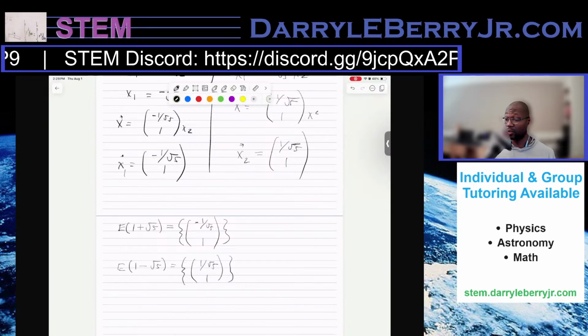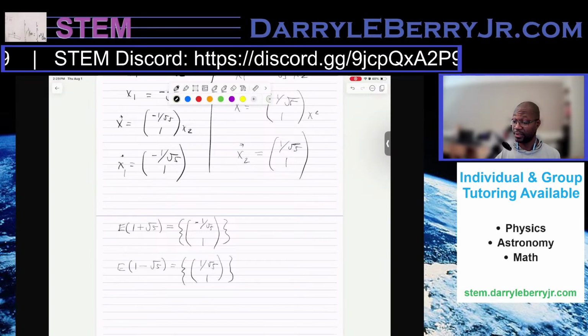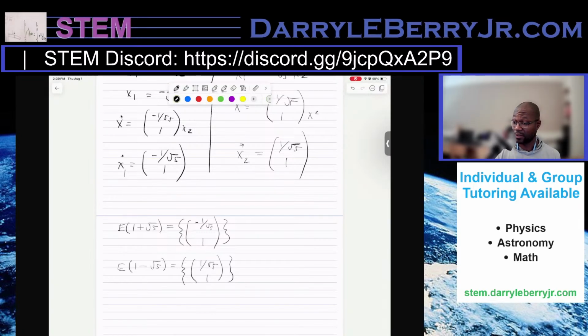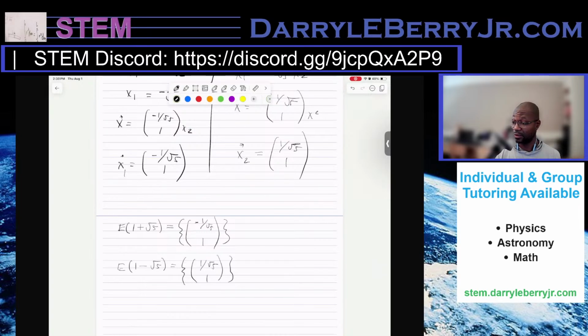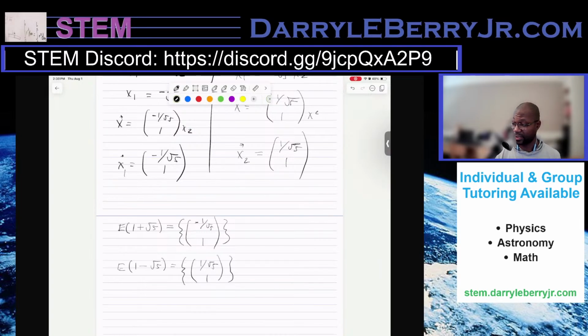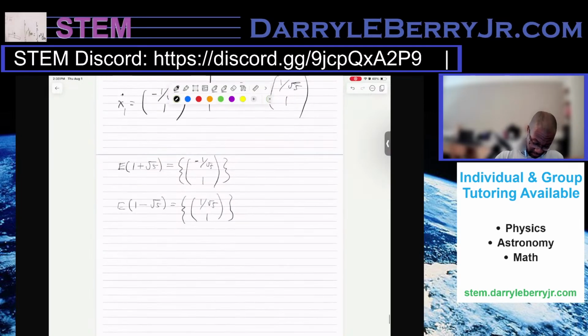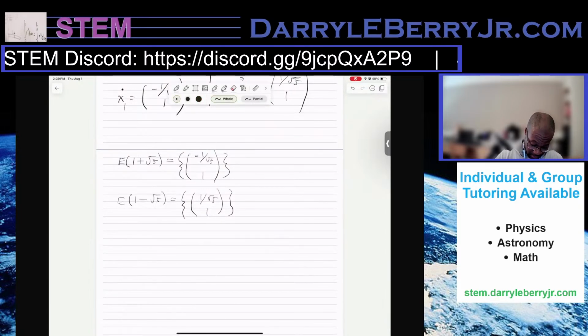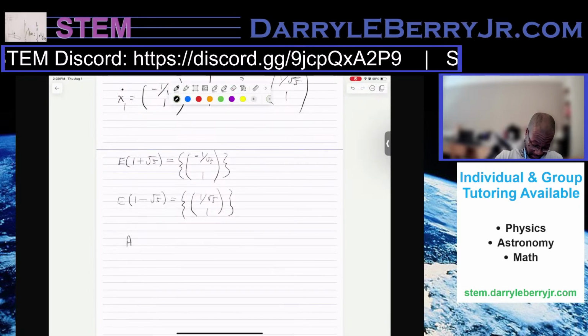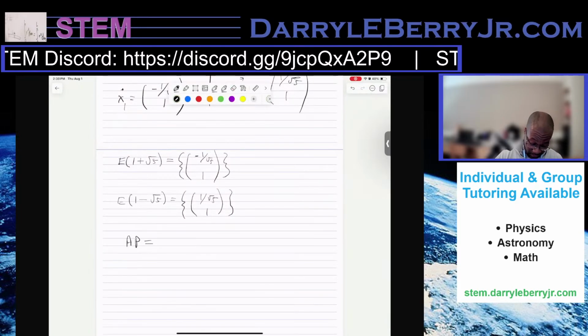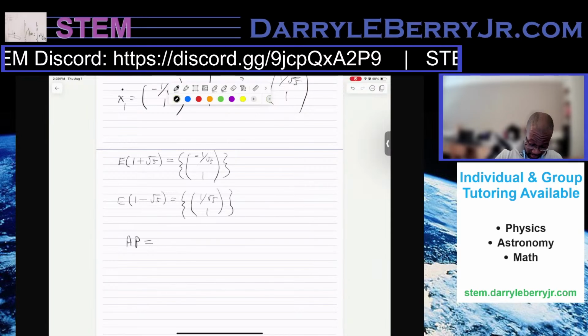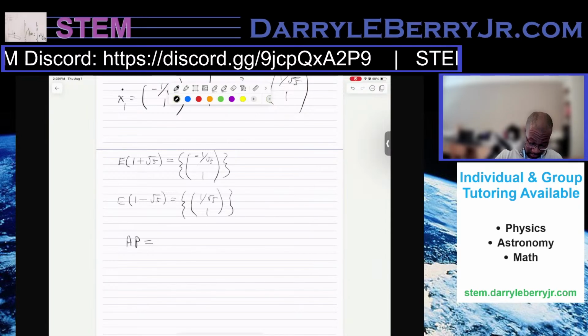So now it wants us to use what you found to write A equals that, the diagonalization of A. All right. So I always start here. A equals, what is that?